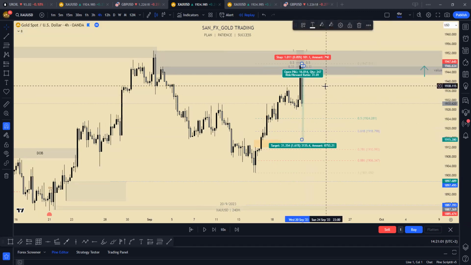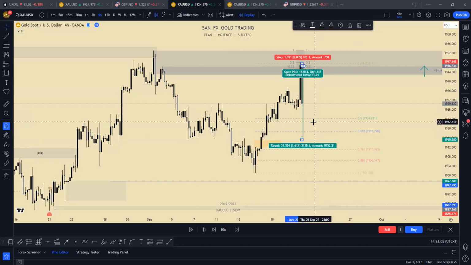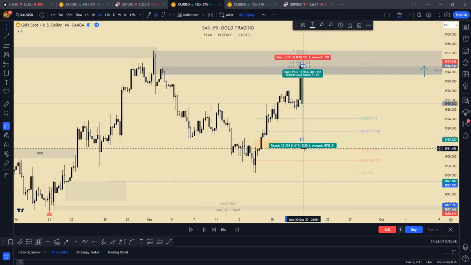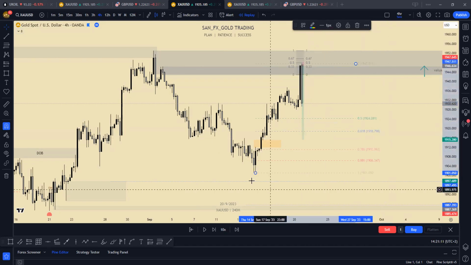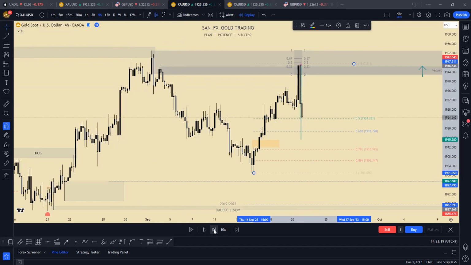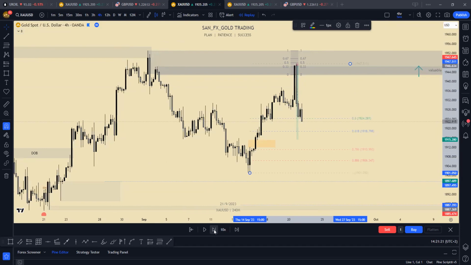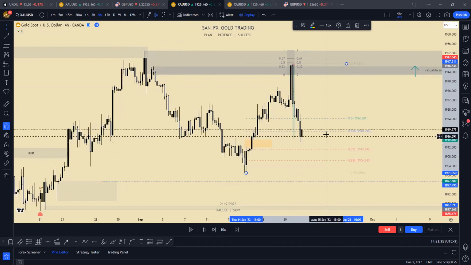This is a 30 R and 310 pips size, and we have to watch what's happening. It's a very simple method, guys. Like this. Done.